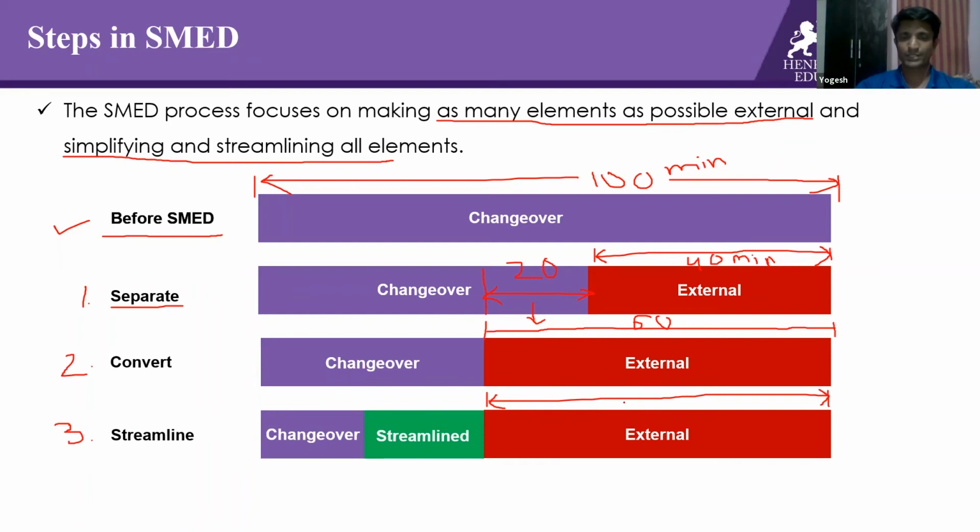So these are 60 minutes plus roughly 20 more, so 80 minutes are overall saved, and we will end up with the remaining 20 minutes. Now these are just random numbers, so we are not getting it to a single digit. But this is how the changeover time can be reduced. We separate the elements, then we convert the remaining elements, and then we streamline the remaining elements.